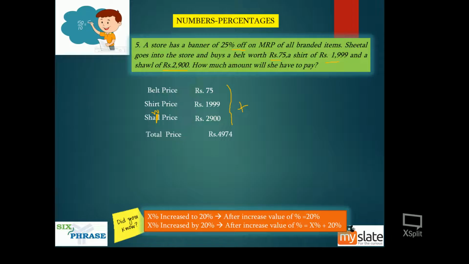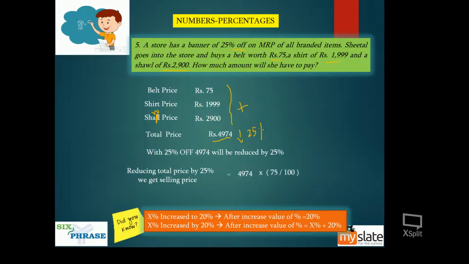But is this what she's going to pay? No, right? She's going to get a discount of 25 percent. What does it mean? She is going to decrease this by 25 percent. That is the meaning of discount. So with 25 percent off, 4974 will be reduced by 25 percent. Reducing the total price by 25 percent, we get the selling price 4974 into 75 by 100.